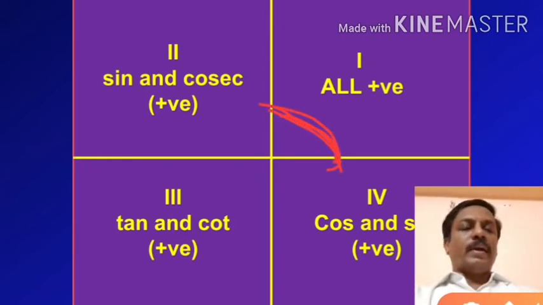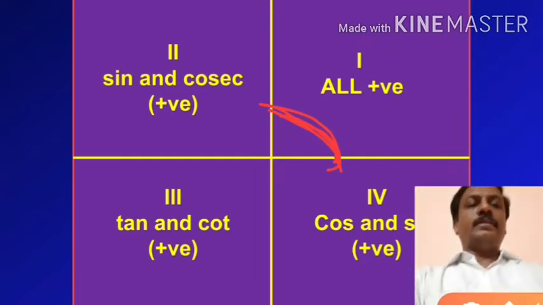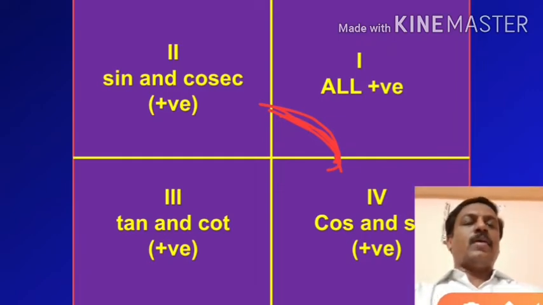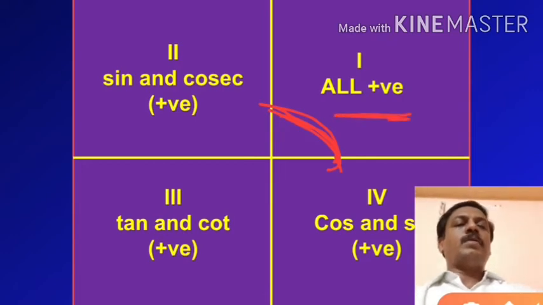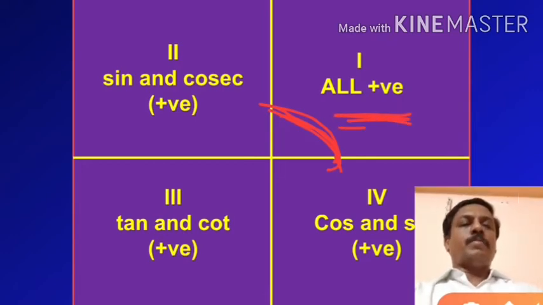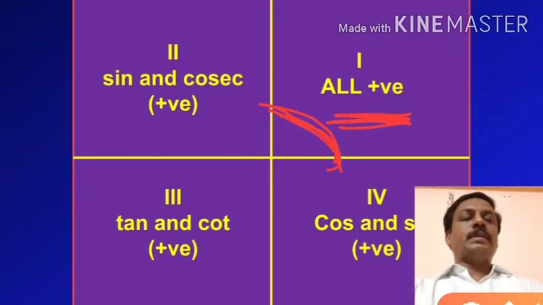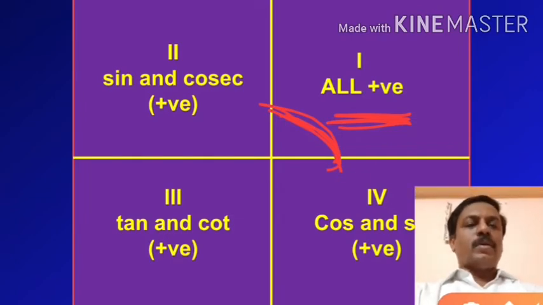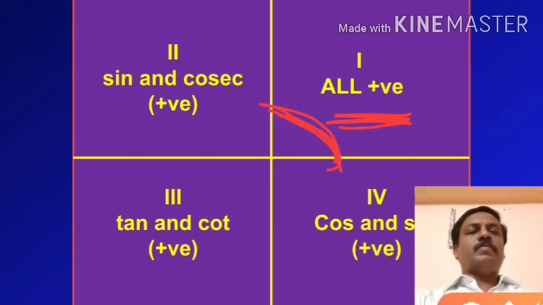If the value of angle is 0 to 90 degree, then all trigonometric values will be positive. So here all positive is given. All positive means for angles between 0 and 90 degree, the values of all trigonometric functions will be positive.